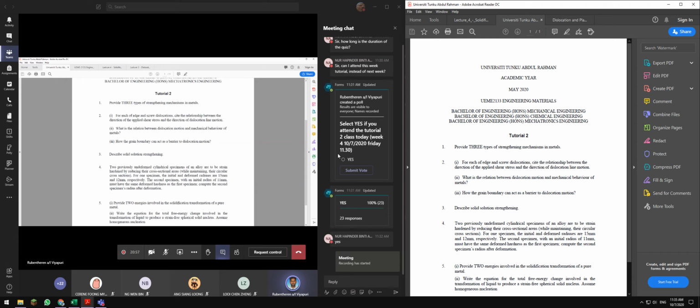So you have grain boundaries, right? Why do they say that grain boundaries can act as a barrier to dislocation motion? What is the science behind it? Okay, just the tips: different orientation, different plane, angles. Think and answer.